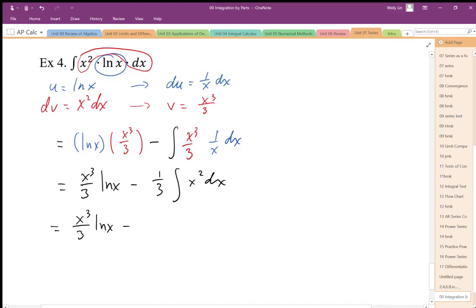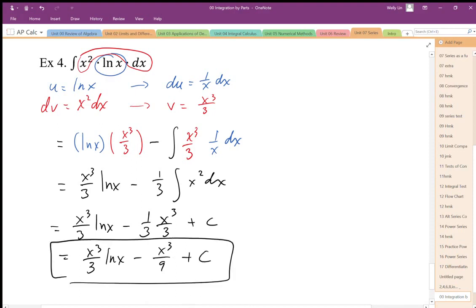I have an equivalent integral expression to what I started with, but the new integral can be integrated. So I end up with x cubed over 3 plus c. So this simplifies to x cubed over 3 log x minus x cubed over 9 plus c. So there it is. There is my antiderivative function.